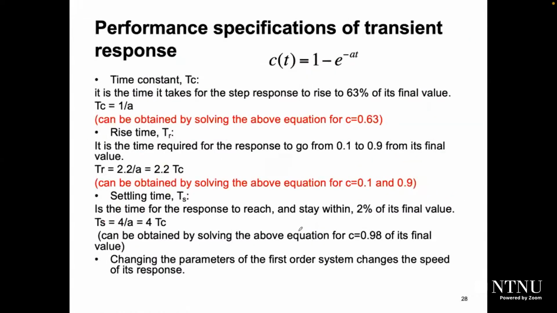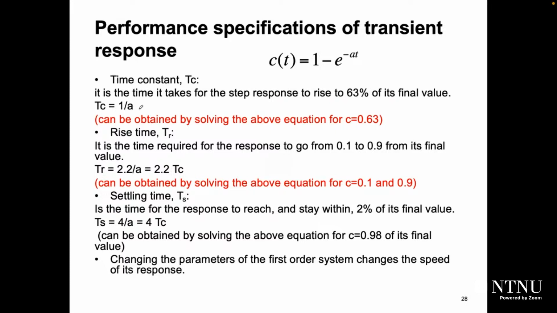So these are the performance specifications of the transient response. I mean the response in the time domain will be like 1 minus e to the power of minus a t. The definition of the time constant is the time it takes for the step response to rise to 63% of its final value.